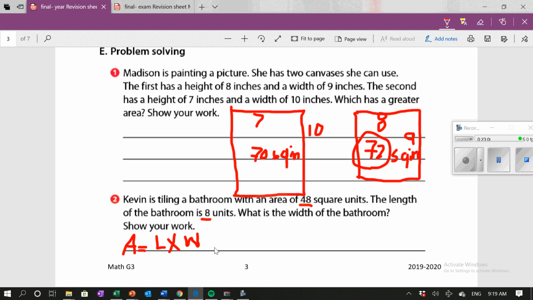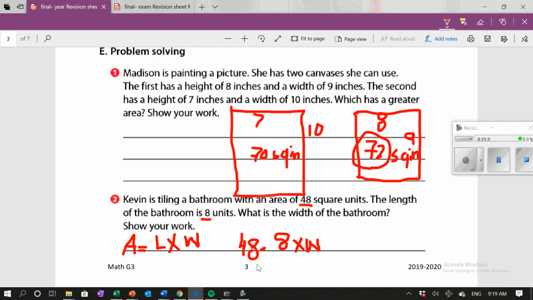So here we already have 8. So we replace the information. We have 48, this is the total area, and the length is 8. We want to find the width. So what number, if I multiply it with 8, will be 48?